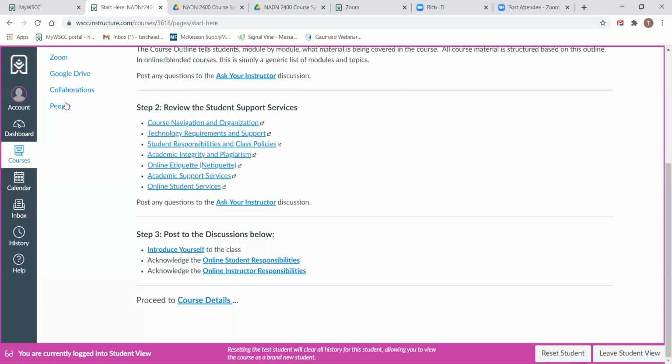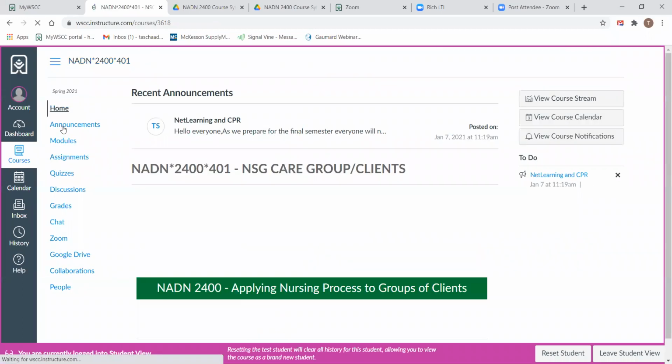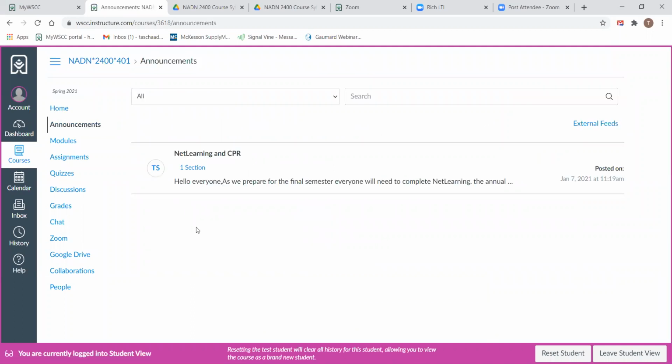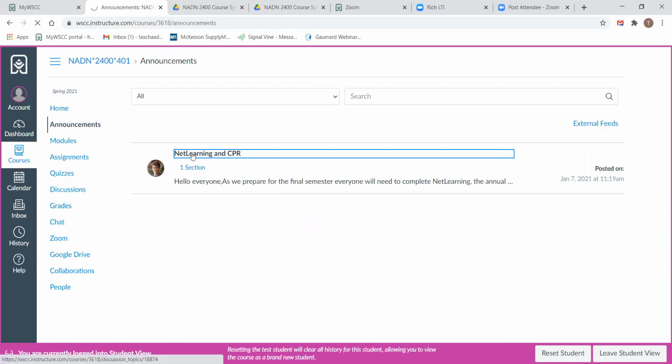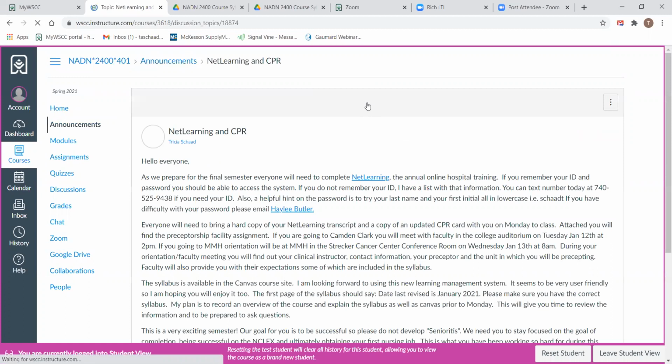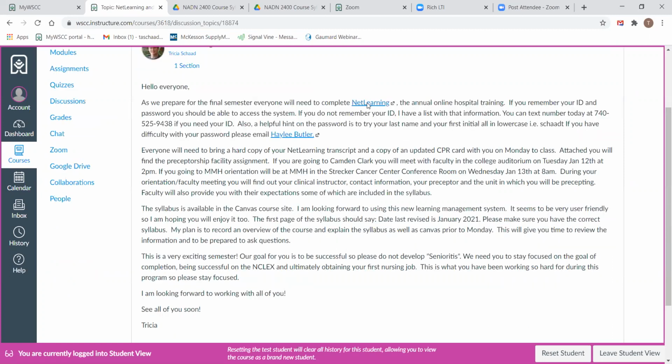So there's that. You can get to announcements from here. Okay. And all you have to do is click on the actual, I believe it's this right here, and that will open up. You'll notice that the net learning, these are hyperlinks. So all you'd have to do is click on this and it would take you directly to net learning.